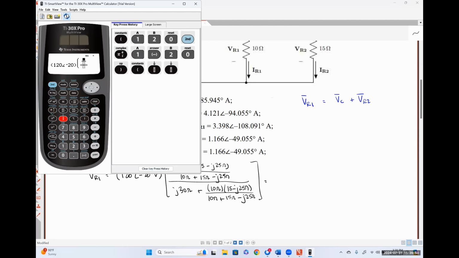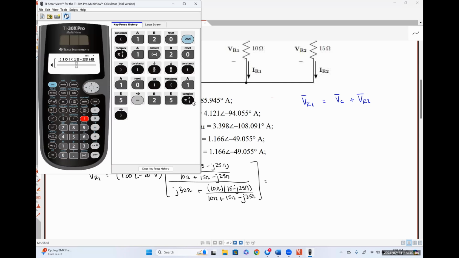So this is going to look like 10 times 15 minus 25i over 10 plus 15 minus 25i.